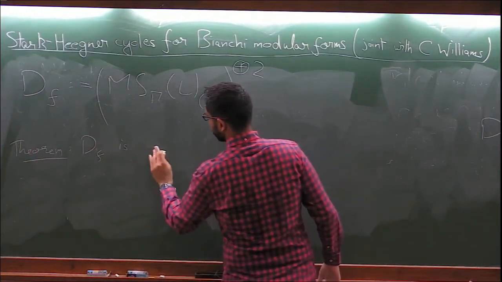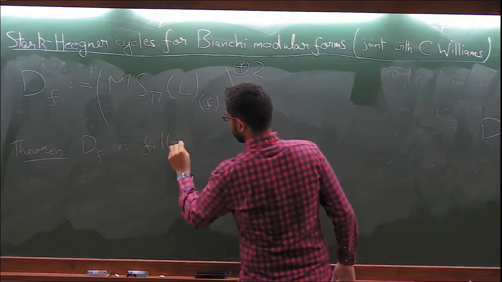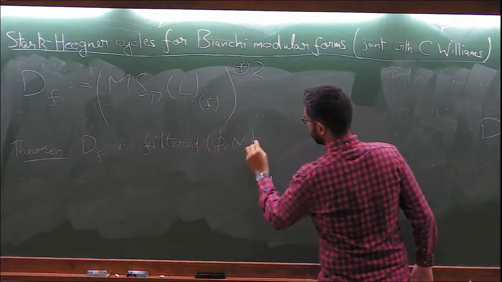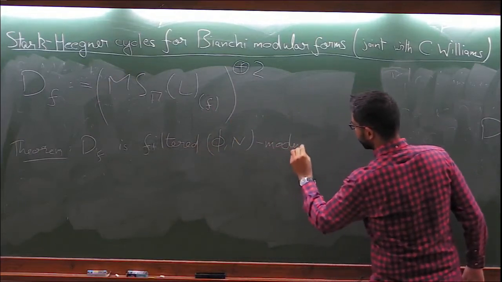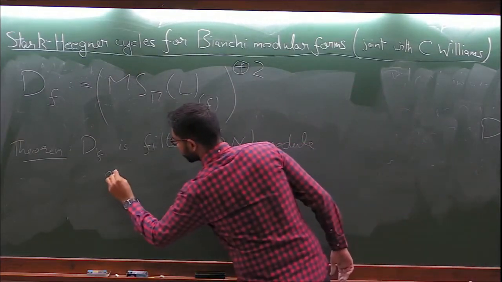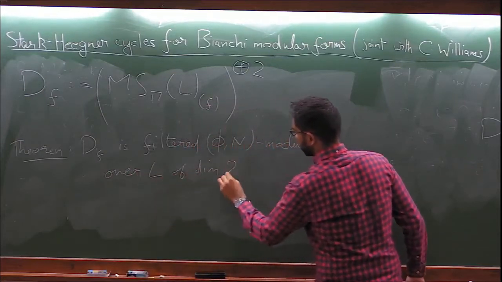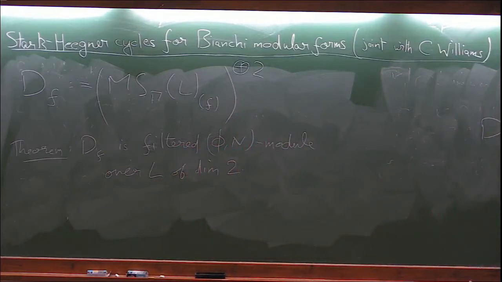So this is a filtered phi-N module over L of dimension 2. You all know what it is. Denis Benois gave a wonderful course last week. Right. I'll continue this theorem.